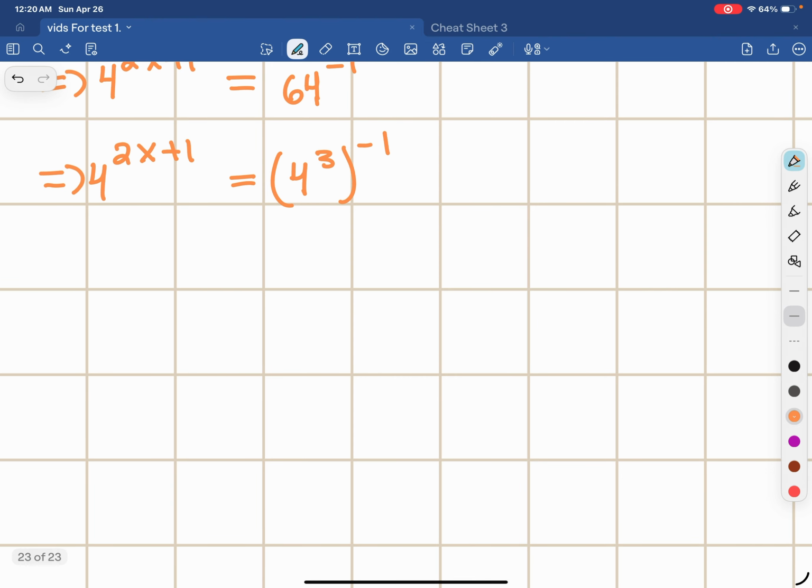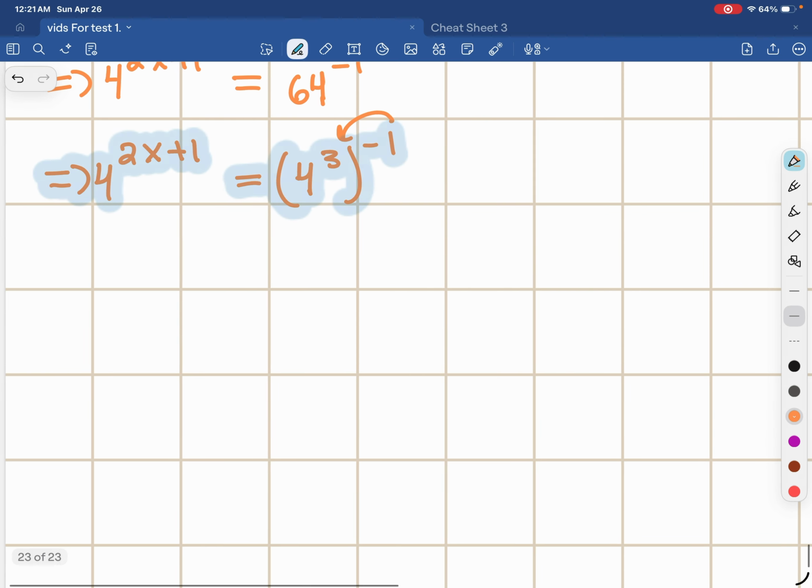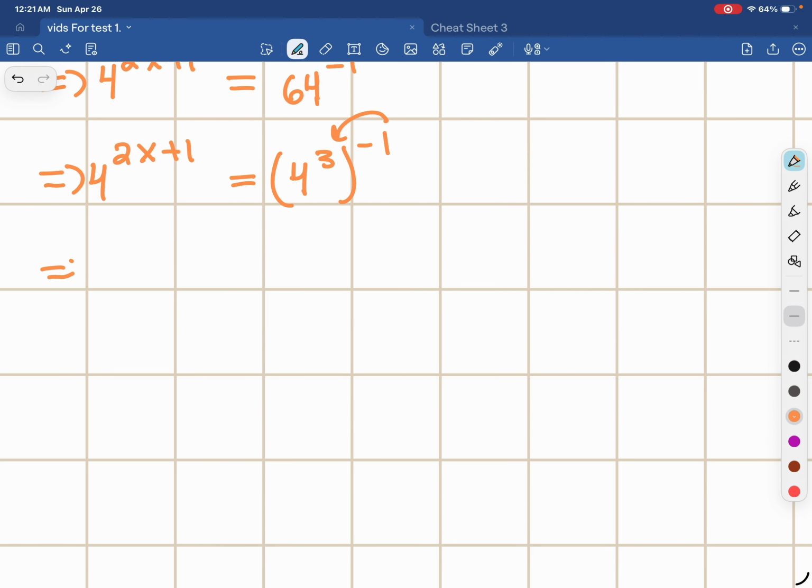Amazing. So now what can we do? Well, I see that we have the same base, so we can actually take log base 4. In fact, we don't even have to do that, but first we can actually distribute this, and we should get 4 to the 2x plus 1 is equal to 4 to the negative 3. Make it a little simple.